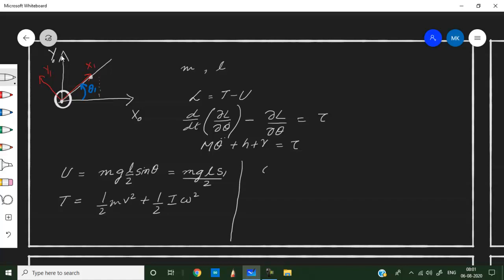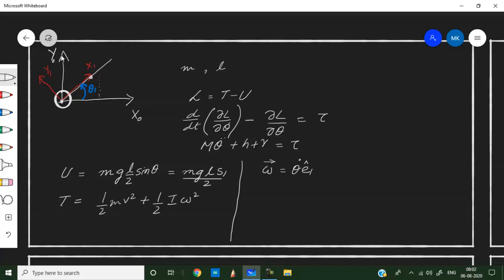Omega is very simple. Omega is nothing but theta dot, which is the angular velocity. If it moves with theta dot as the angular velocity, that would be the omega for it, and obviously it will have a direction, that is the z component. We can also write it as theta dot times E1 cap. So this defines the omega vector.